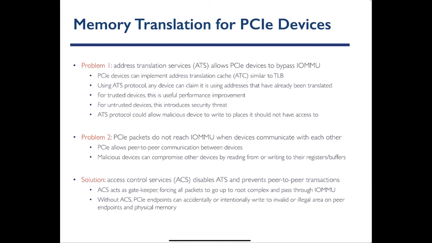And what it does is it forces all PCI requests to go through IOMMU. And it basically makes sure that nobody can bypass IOMMU. Now, this comes with a performance cost, because basically we're preventing devices from implementing their own TLB.